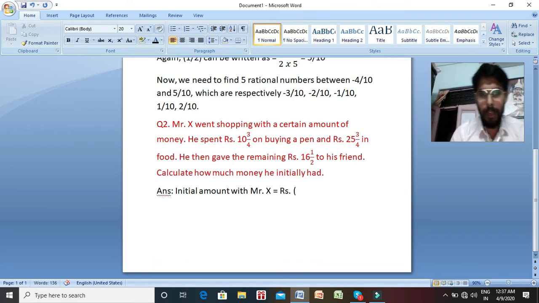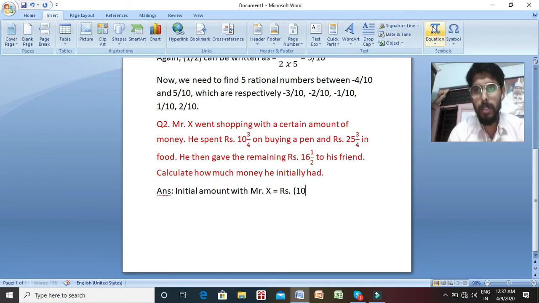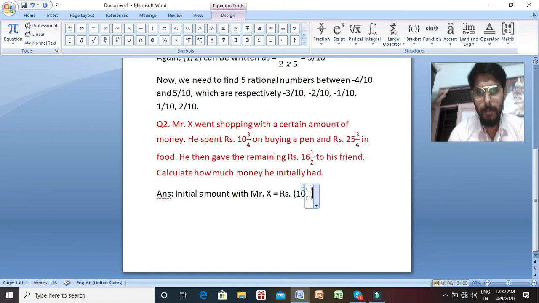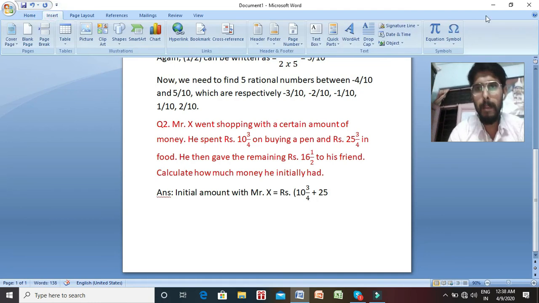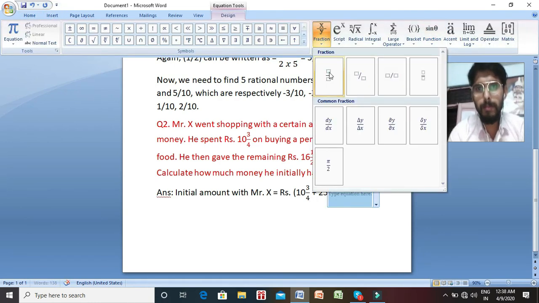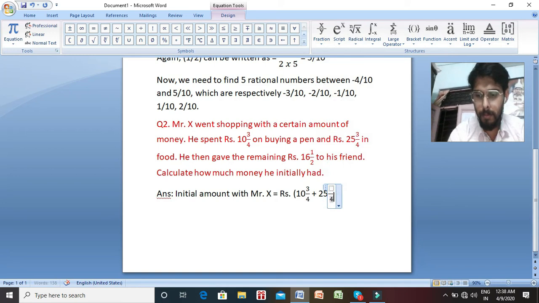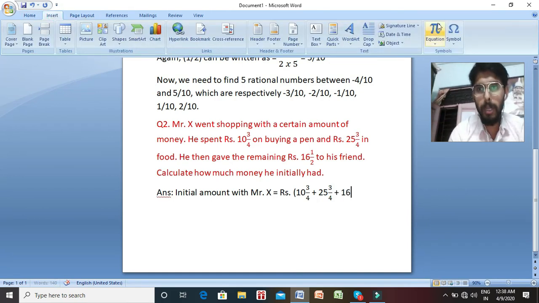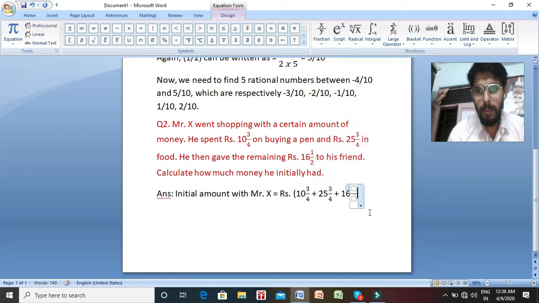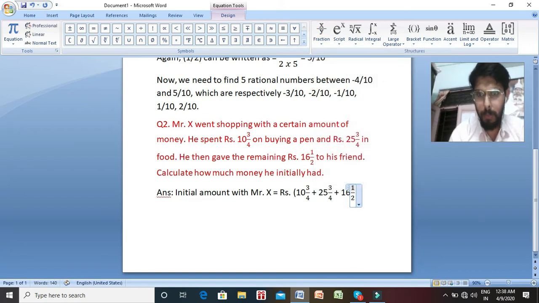So you need to put a bracket first. We are starting from 10 whole 3 by 4, plus 25 whole 3 by 4, plus 16 whole 1 by 2.